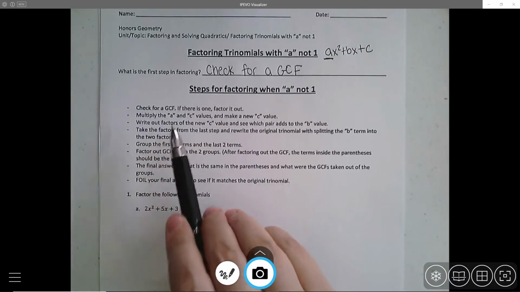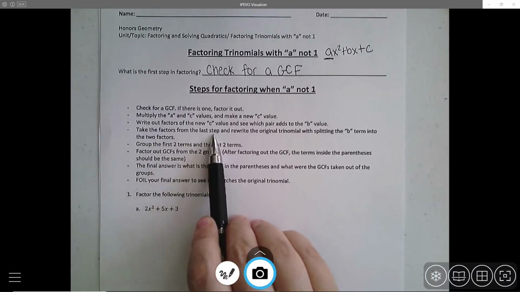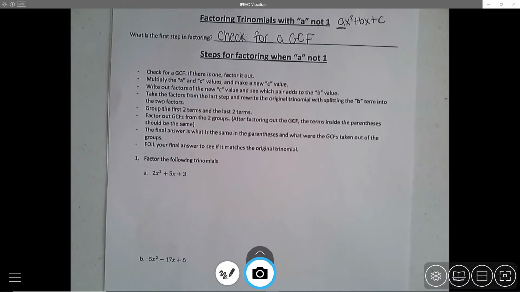We write out the factors of C and see which pairs add up to B. Take the factors from the last step and rewrite the original, where we split the B. Then group, factor, and all that. I'm going to ignore all that. Just get that out of your brain, and we're going to get right into the process, and the process is the same each time. I think that is going to help us work through all of this. It looks like a lot, but when we get down to the actual problems, I think it will make a little bit more sense. So let's get right into it.